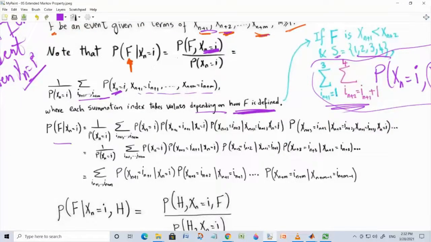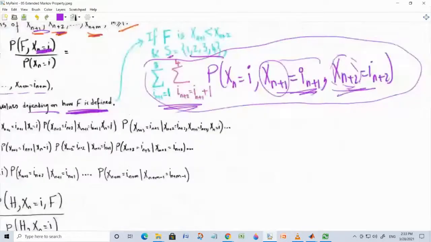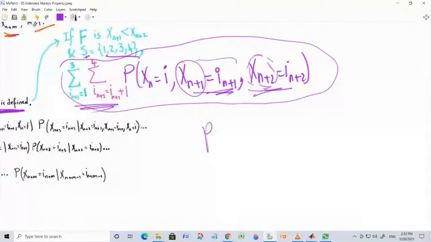So you take the probability of f_n given X_n equals i. Again, you apply Bayes, then you focus on the numerator, and you write it with the sums, and then you use our friend, which should always be in your mind.